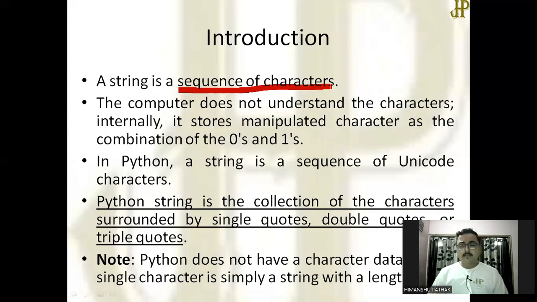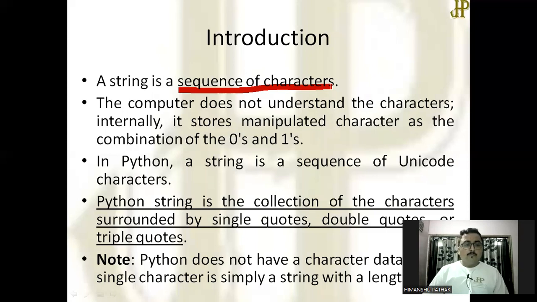ASCII characters are of 8-bit, while Unicode characters are of 16-bit. And here Python supports Unicode characters. So to represent each character, Python needs 16 bits of value. Okay.